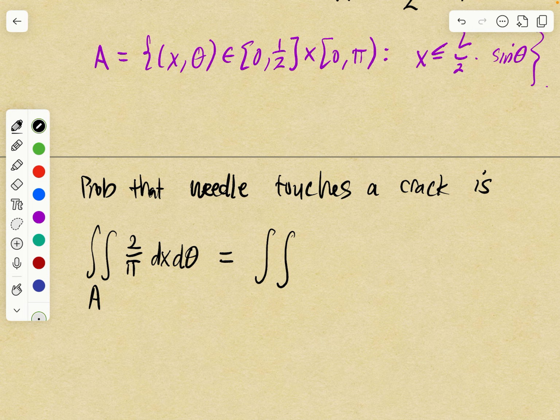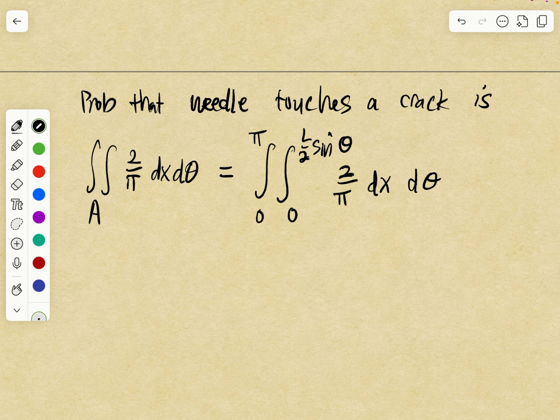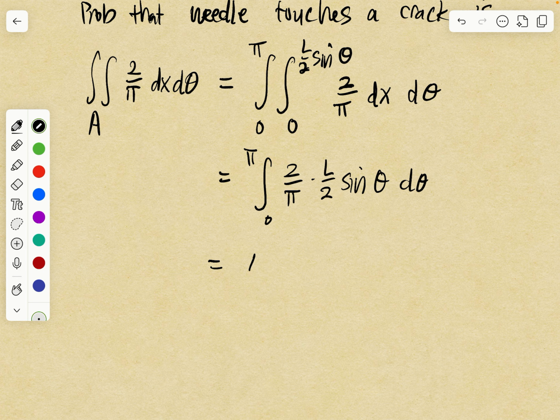Well, x is going to go from 0 to L over 2 sine theta, and theta will go from 0 to pi. So that's just going to give us the integral from 0 to pi of 2 over pi times L over 2 sine theta d theta. So that's L over pi times the integral of sine theta from 0 to pi.